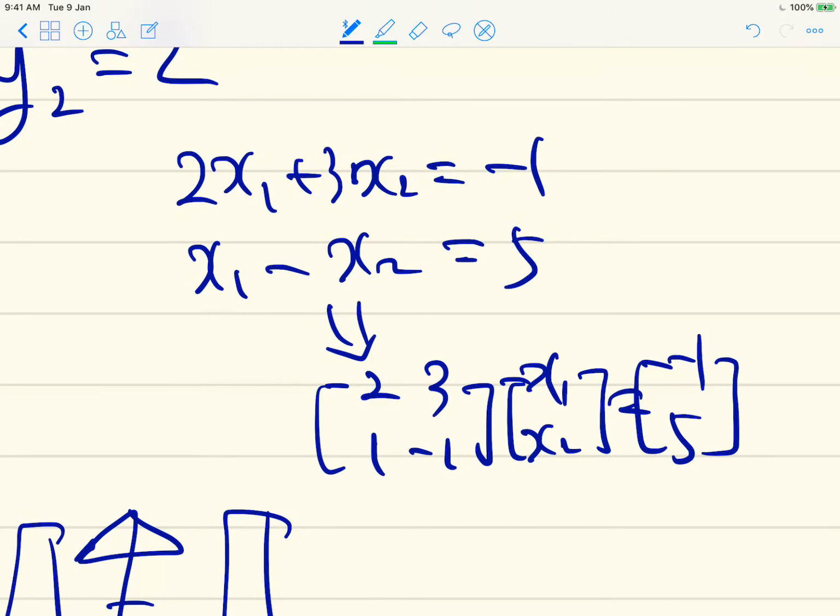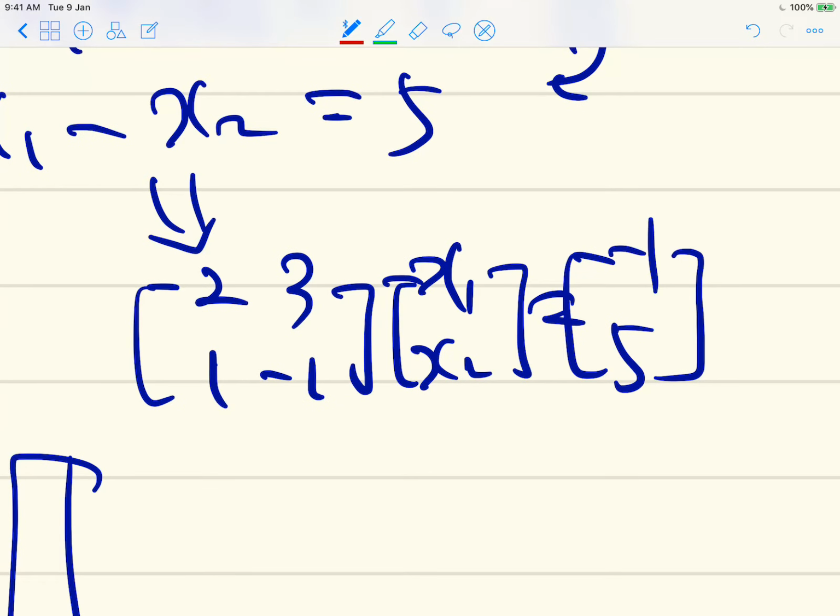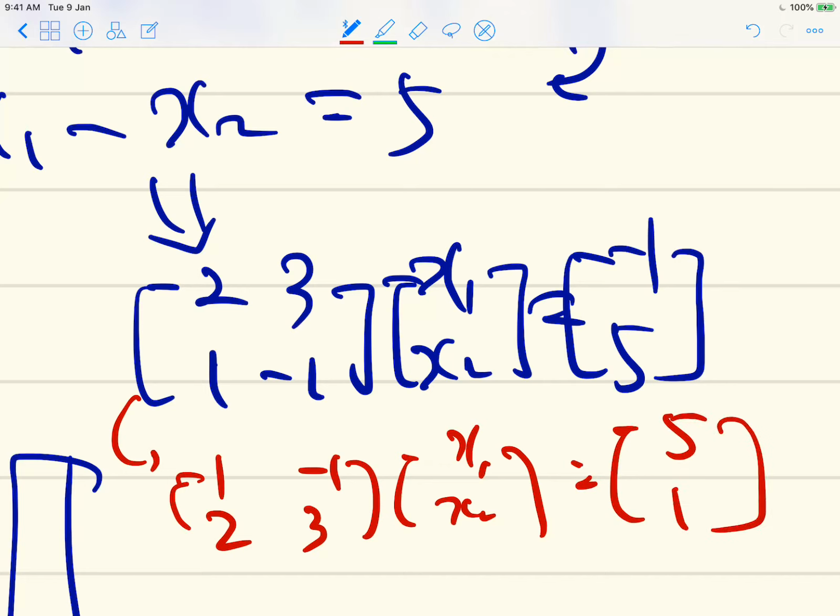But we can also change the order of these two equations, which means we now have 1, -1, 2, 3, and x1, x2, and 5 and -1. So we interchange the rows of A, and we also correspondingly interchange the elements in the vector b, right?